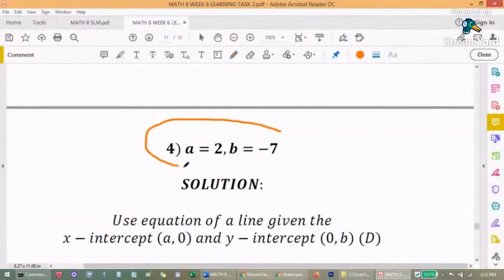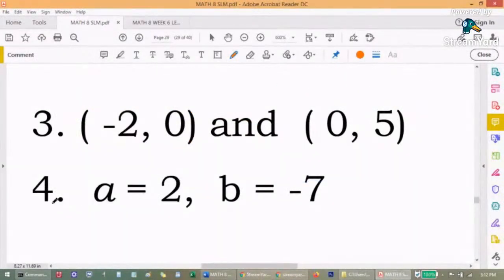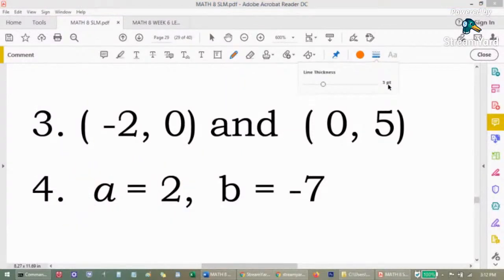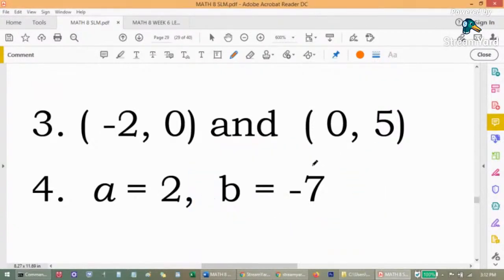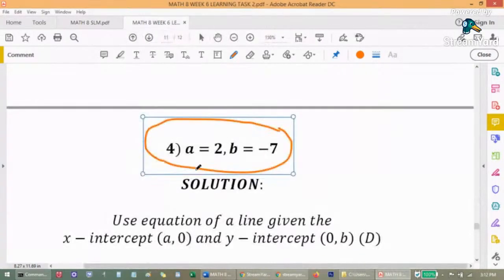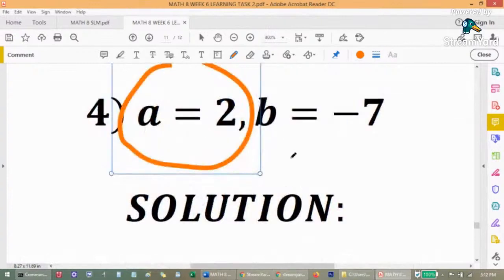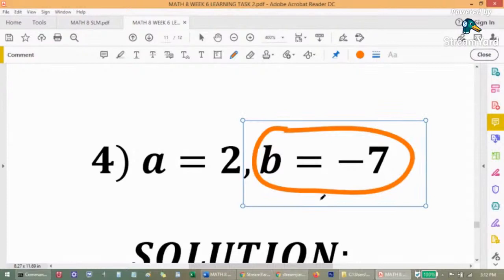So, next we go to number 4. In number 4, what was given to us is A is equal to 2 and B is equal to negative 7. So A is equal to 2 and B is equal to negative 7.